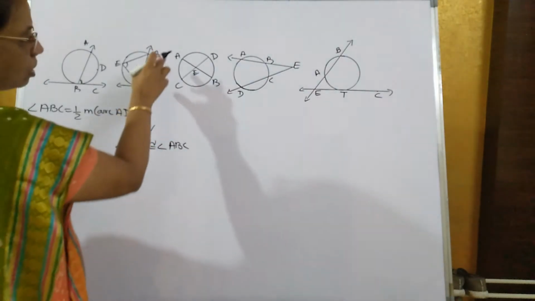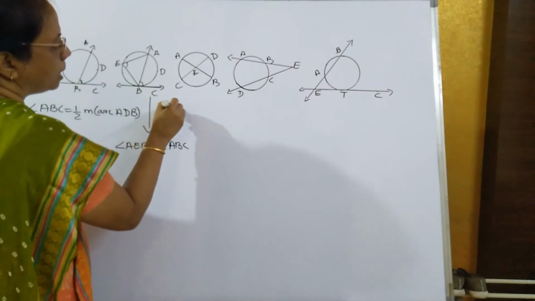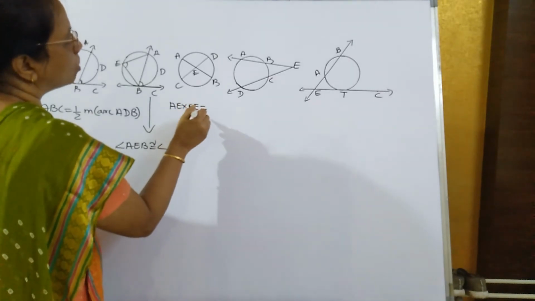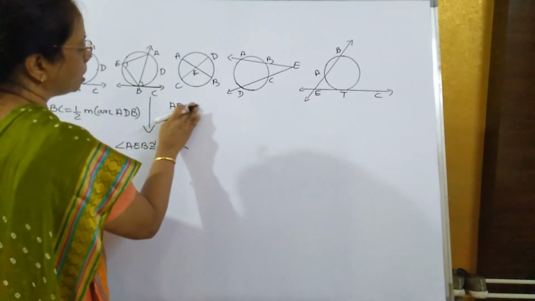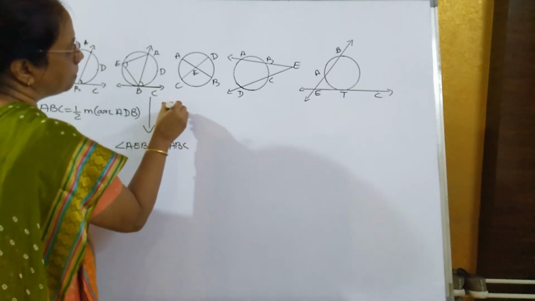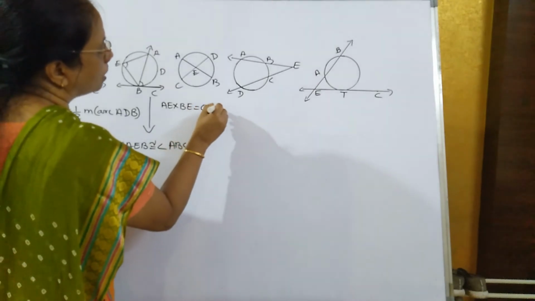Next one, when chords intersect internally, then what is the formula? AE into BE is equal to CE into DE.